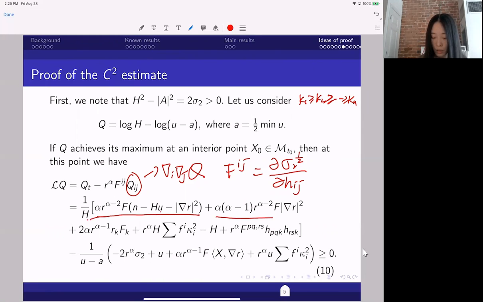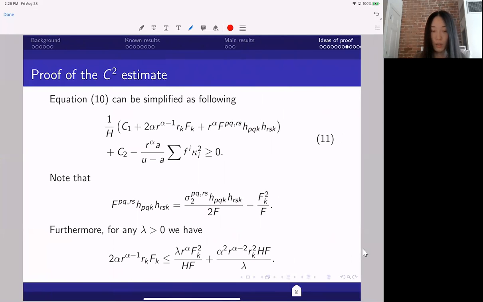And similarly, this term is under control, and this term, and this term, and this term. This term is also under control because it is minus H over H, which is minus 1. So only four terms are not controlled.